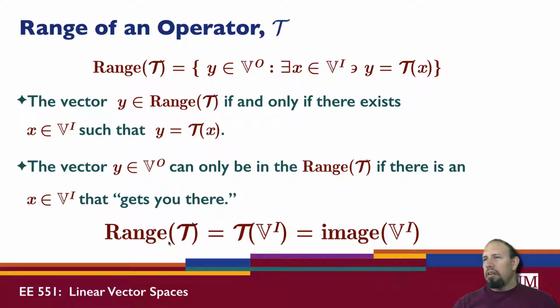So we also have this relationship: the range of T is equal to T operating on the entire input space. And this is sometimes called the image of the input space through the function. So this is the definition for the range of an operator.